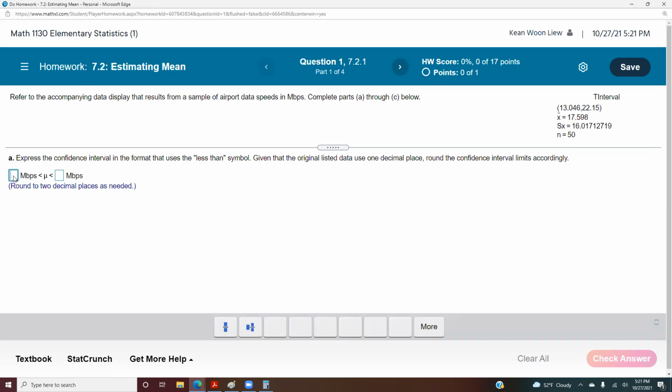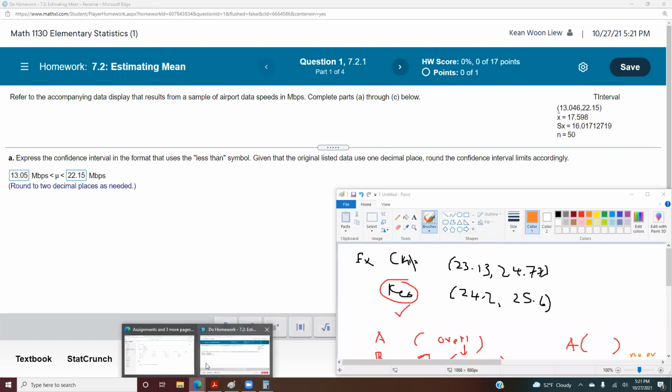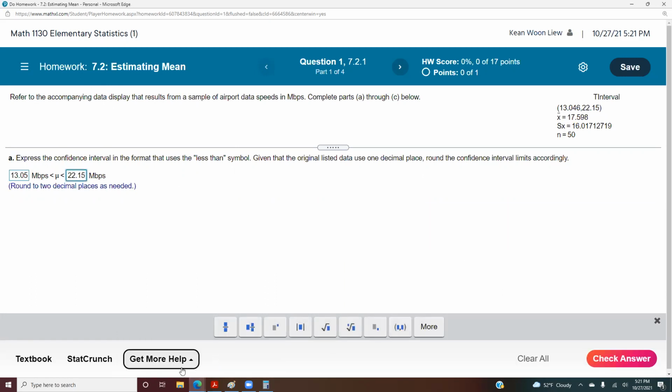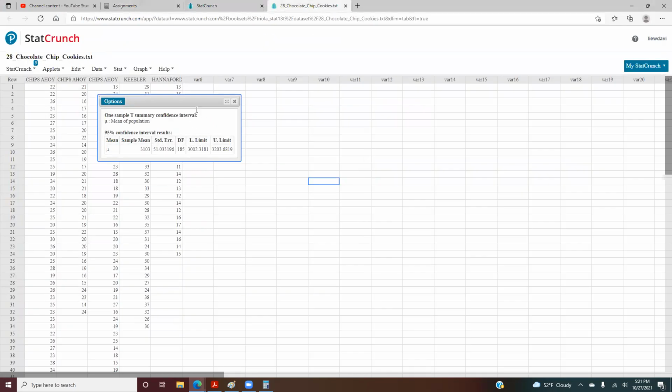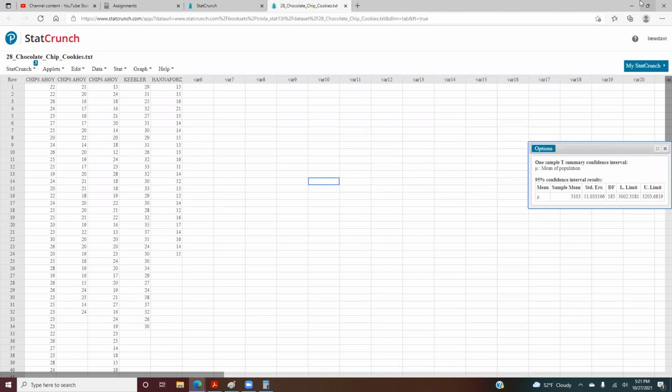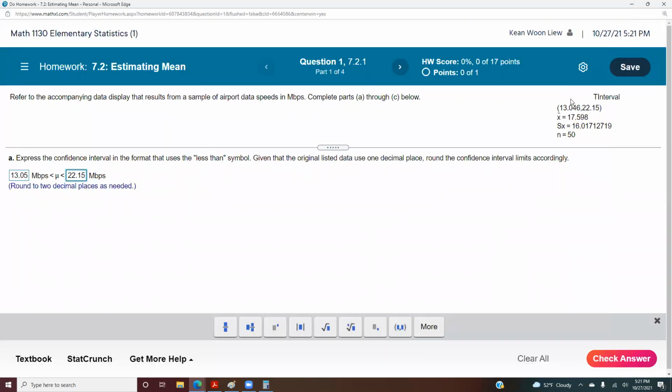Your confidence interval in this case will be 13.05, in 2 decimal places, and 22.15. Some questions provide you the result of the StatCrunch, so you do not need to do any StatCrunch work on this. You guys with me?